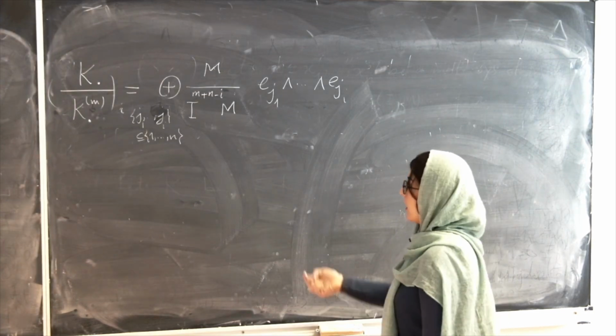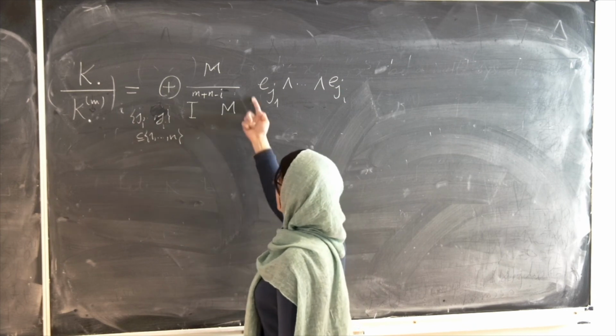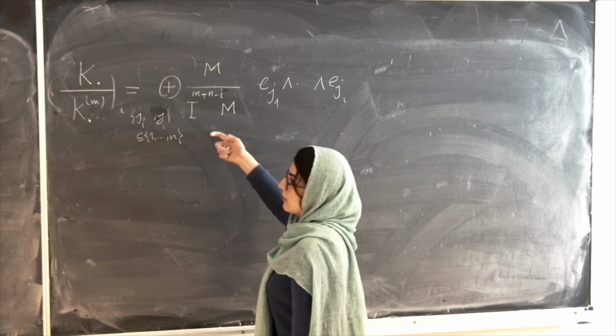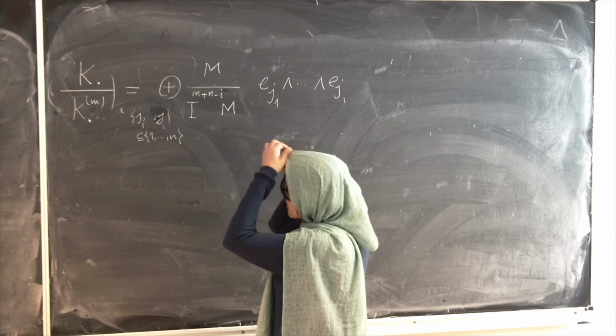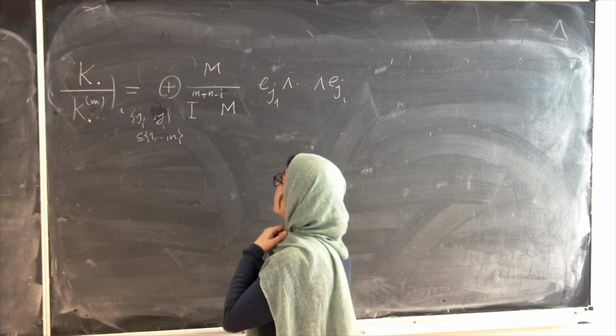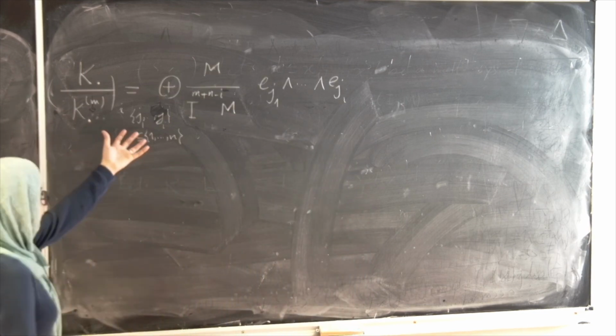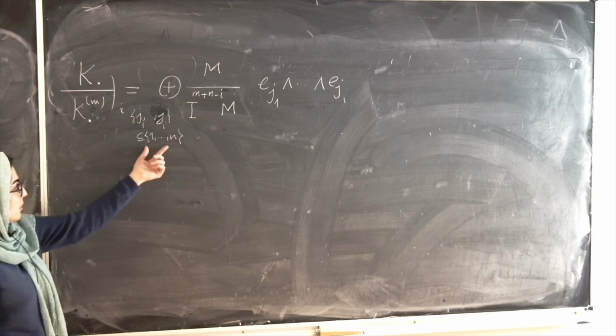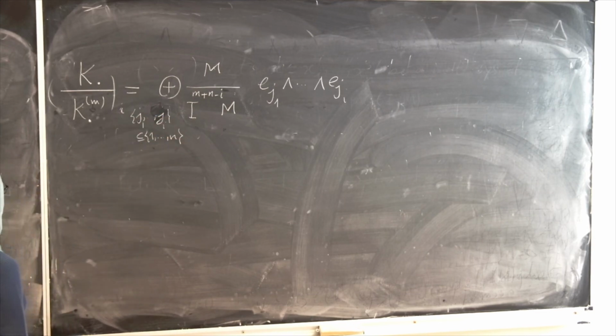Because I was an ideal of definition of M, we know that all these modules have finite lengths. So we have finitely many of them because we have finitely many subsets of 1 to n of this form.